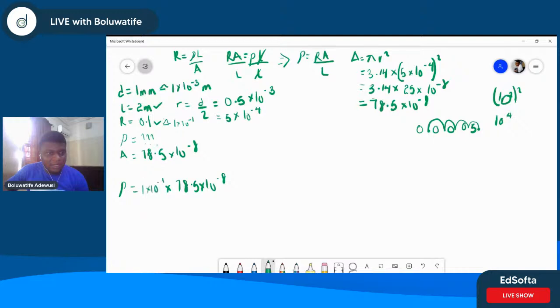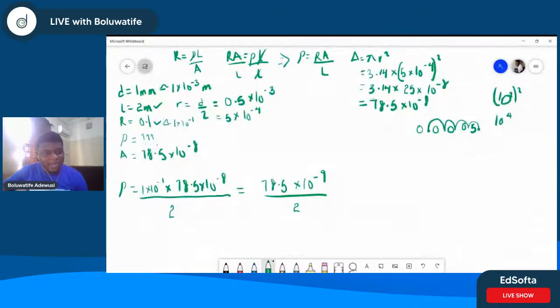So I'm just going to have 1, all over 2. Okay, if I multiply this whole thing, what I get is 78.5 times 10 raised to power minus 9, all over 2. And how did I get this? 1 times 78.5 is 78.5.